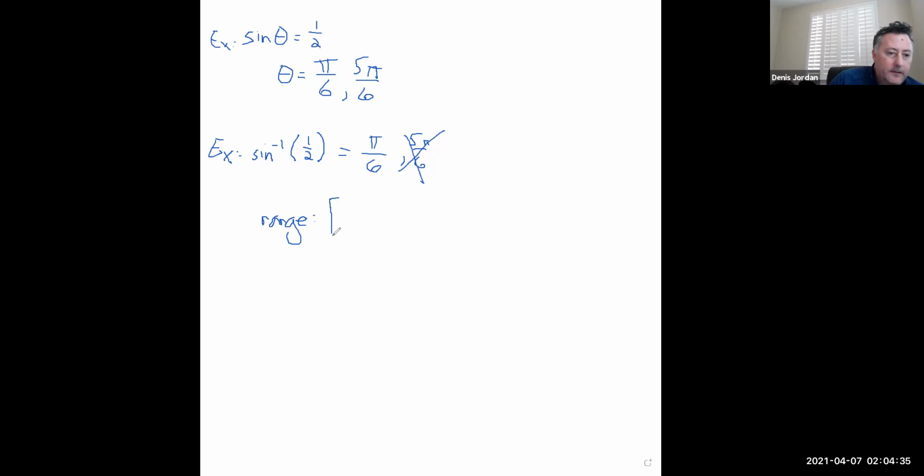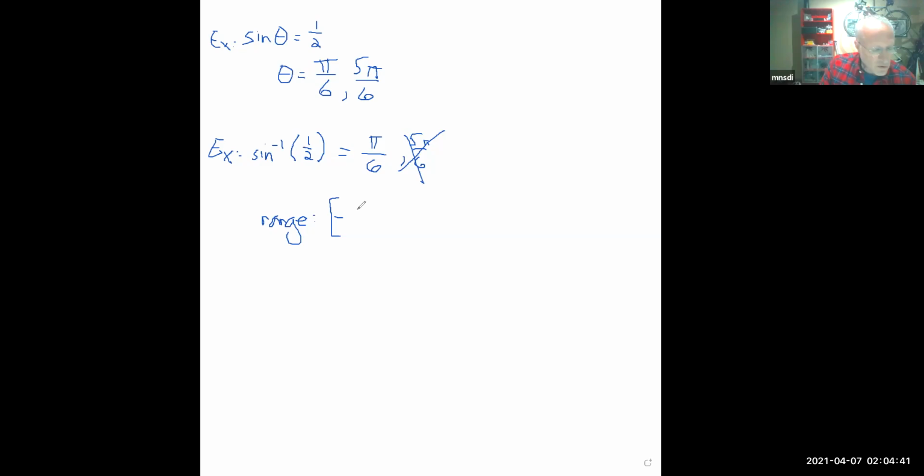It's in quadrant 1 and quadrant 4. So it's going from negative pi over 2 to pi over 2. So your answers have to fit in that range, so that is only going to be enough to give you the one result.